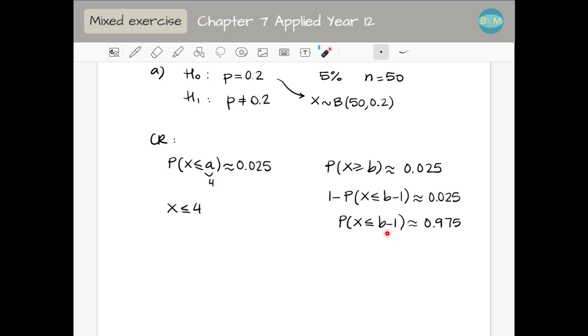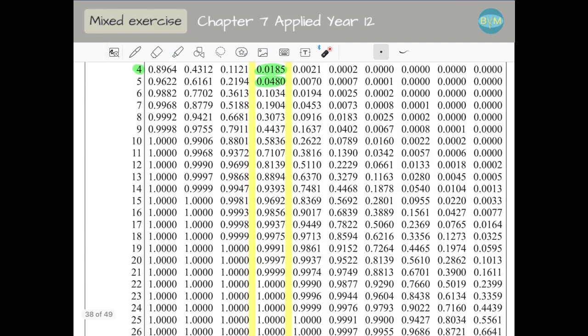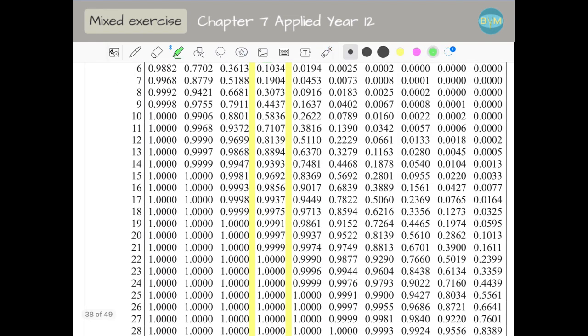And now I can go to the tables. 0.975, I'm going to pick one value above and one below, so this one and this one. And again, just subtracting from 0.975, the closest is the 15.